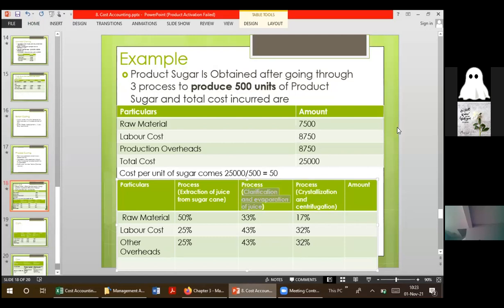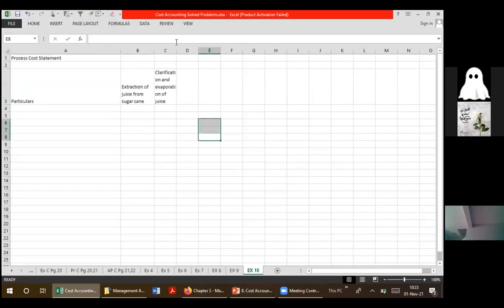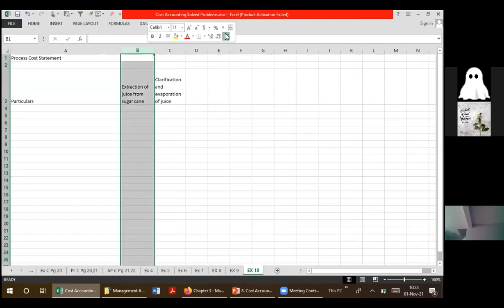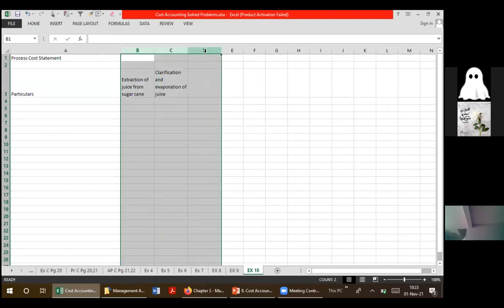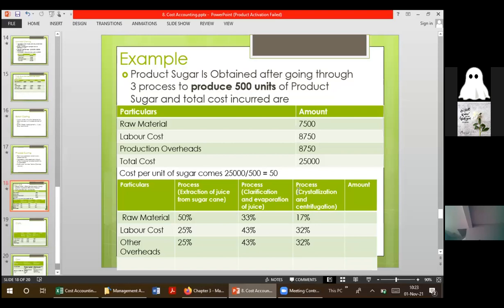Second is called clarification and evaporation of juice. And third is called crystallization and centrifugation.